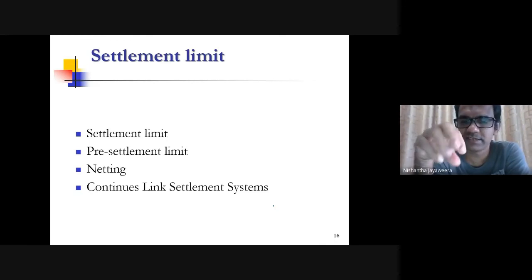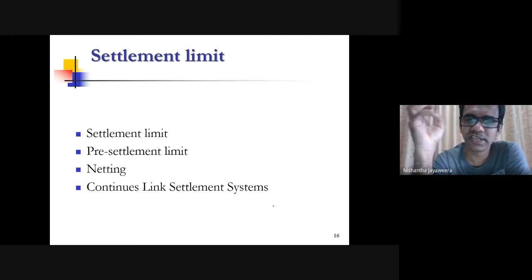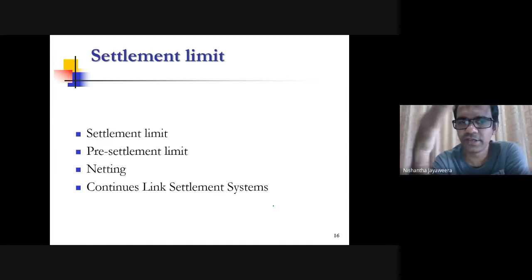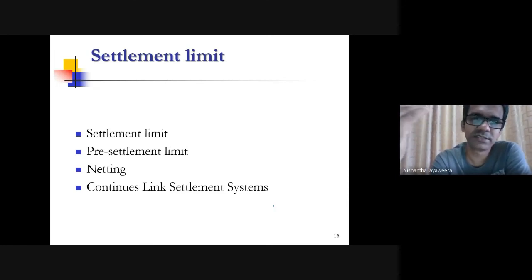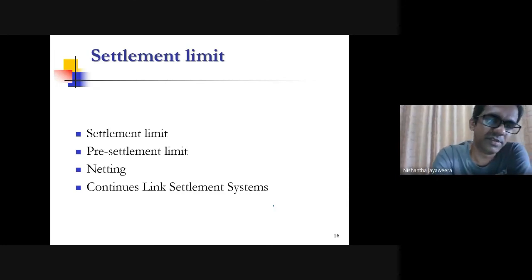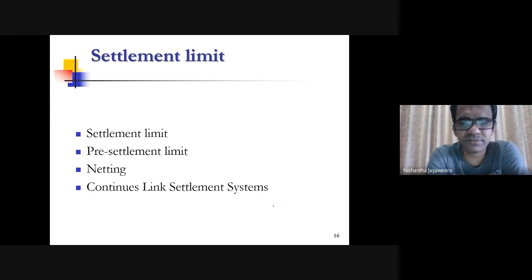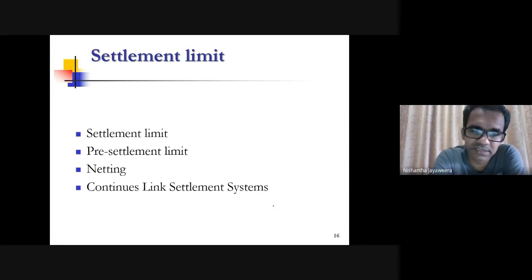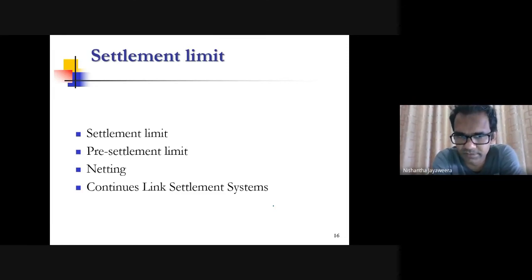sometimes the bank considers only the mark-to-market gain, not the loss. That is the loss you may incur, because you don't lose the principal. So considering the cumulative figure of all the transactions which are not settled yet, you calculate the pre-settlement limit, and that limit would be small if you measure it as the mark-to-market gain.